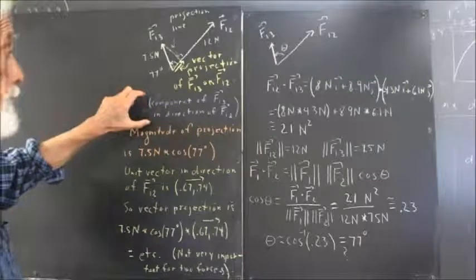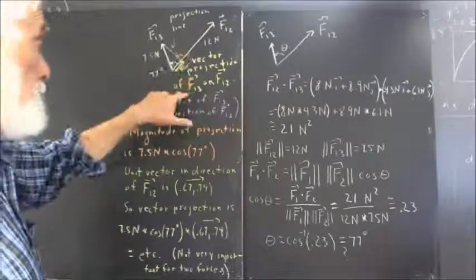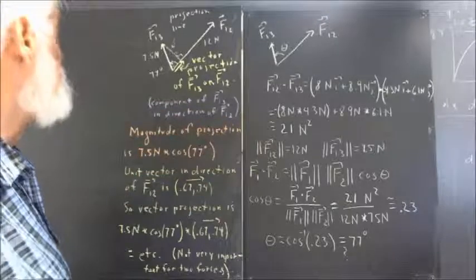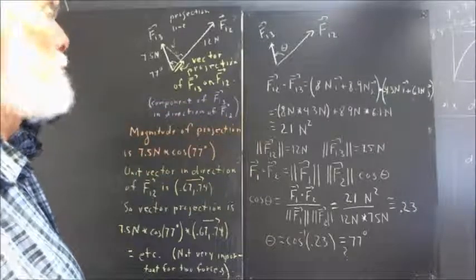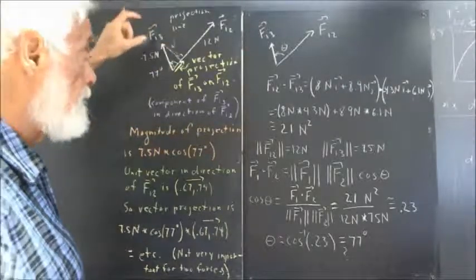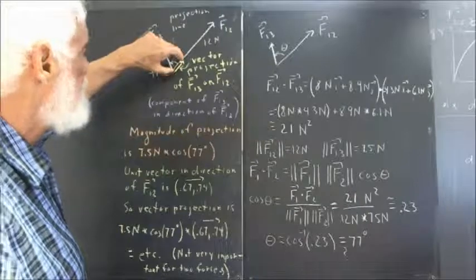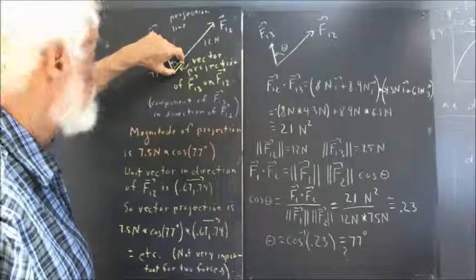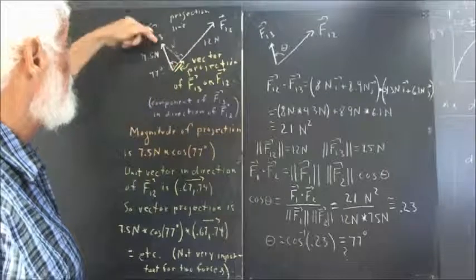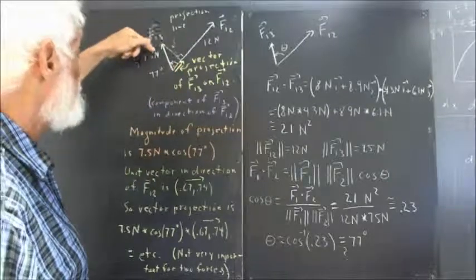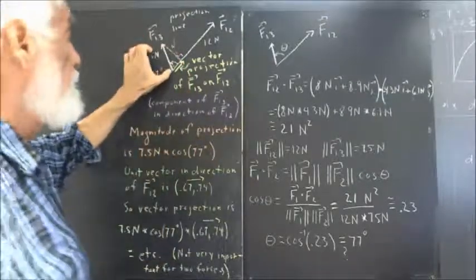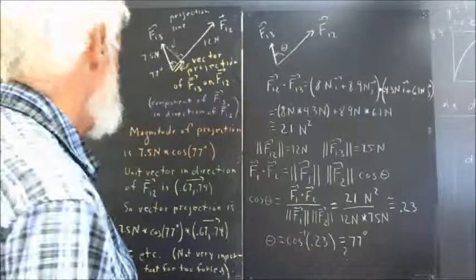Another way we could say this is that this vector projection is the component of F13 in the direction of F12. Now, the picture could get a little cluttered if I tried to do all this, but you can see that if I take the projection vector, turn it around and add it to the F13 vector, it brings us back to about here, and a vector from here to here is going to be perpendicular, it turns out, to the F12 vector.